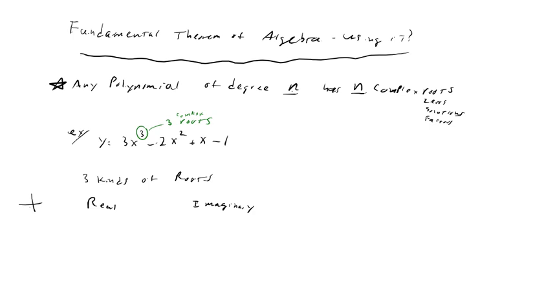Let me try this again. A real root is one that actually touches the line, like right here. This is a real root. It touches the x-axis. An imaginary root is like here, where it does not touch the x-axis. It's imaginary, like floating in space.